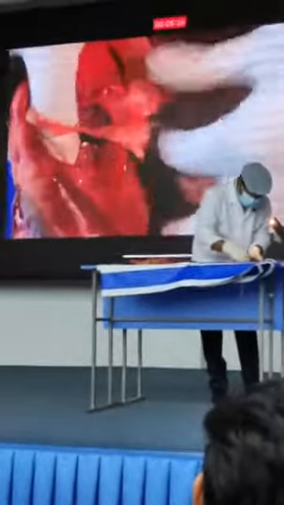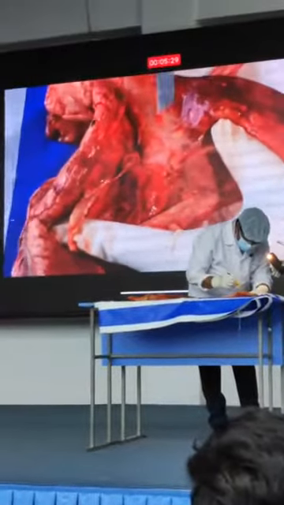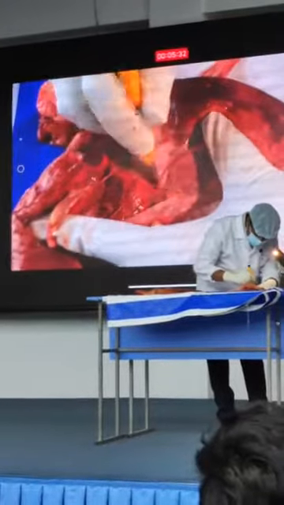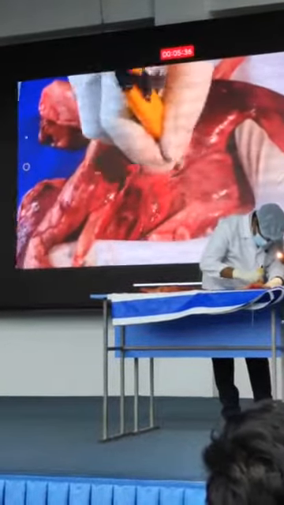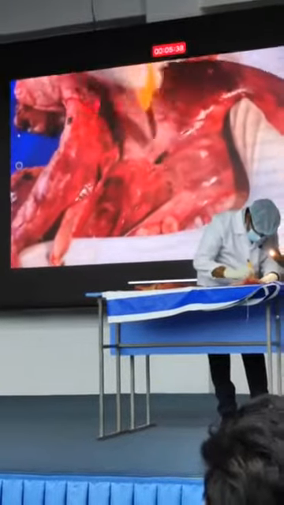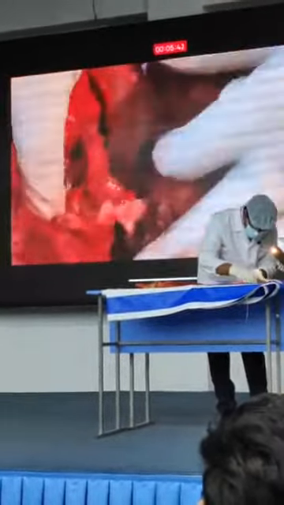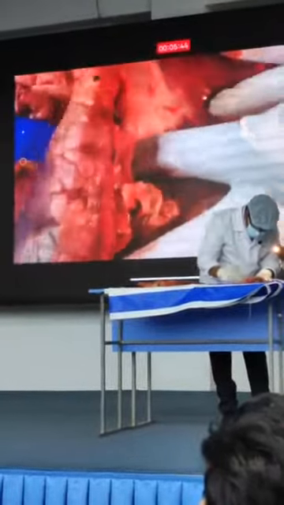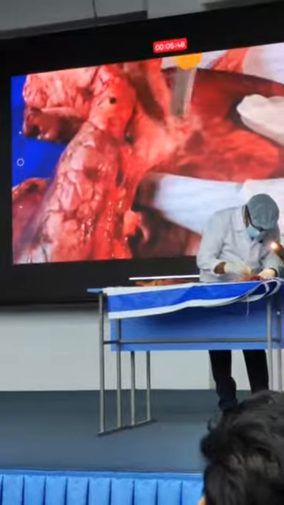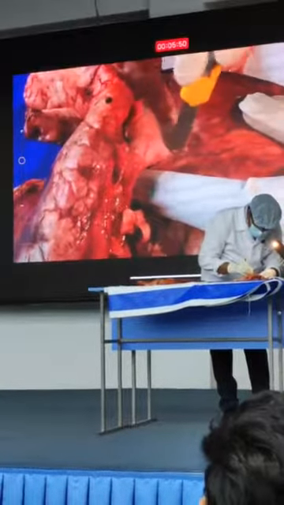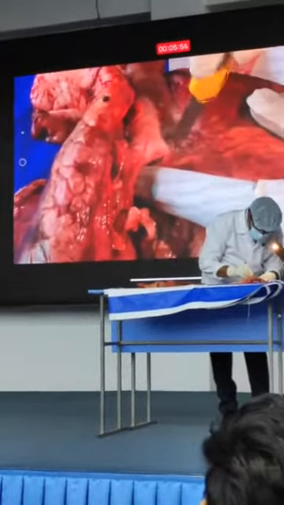Okay, right. So I will try to show you that carina. I cannot show Kareena Kapoor, but Carina I will show. Right, so this exactly is the carina, where there is division of the trachea into the right as well as the left main bronchus.